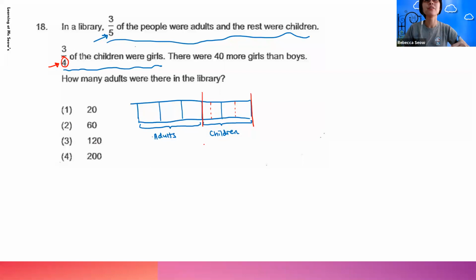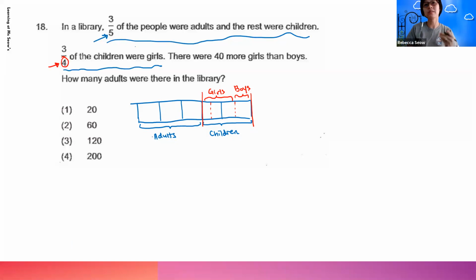Okay, and if 3/4 of the children were girls, that means this portion over here, 3 units, is represented by girls, and the last 1 unit here is represented by boys. At this point, you realize that we have 2 different types of units. One is the bigger unit, one is a smaller unit.